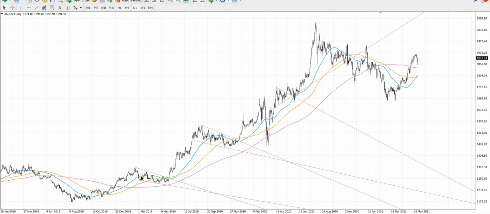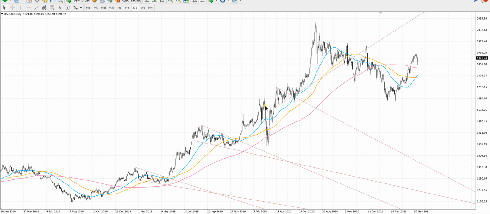Just as an example, we have 1, 2 falling wedges, and we have a bull flag right here. But on the daily chart, it's very easy to see patterns. It's easy to see the bigger picture, and you can find your levels a lot easier.